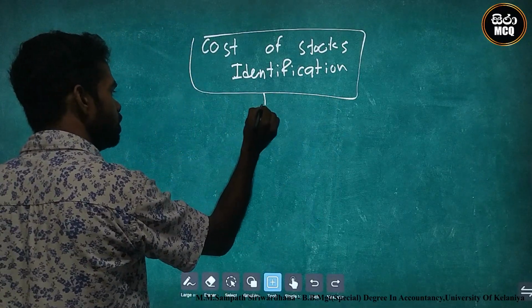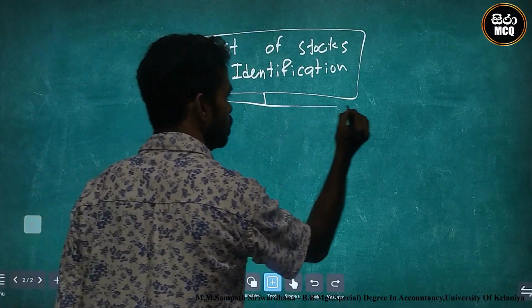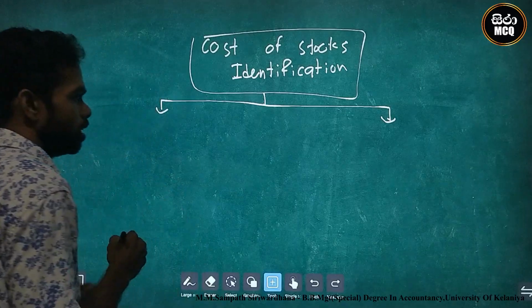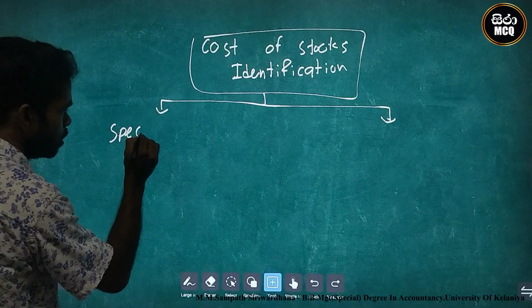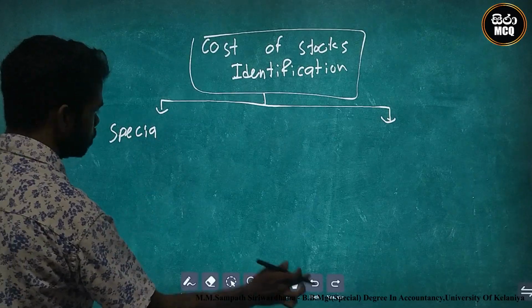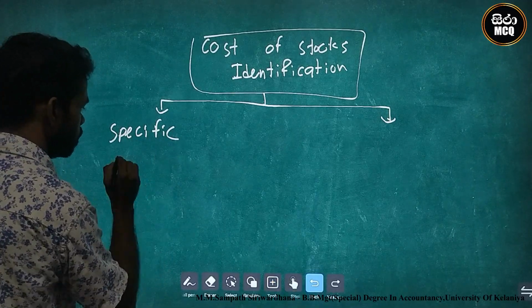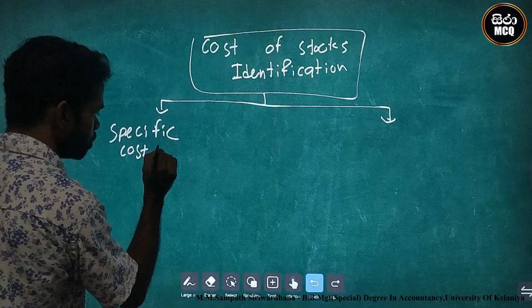In cost identification, there are two methods we can identify. There is specific cost identification.